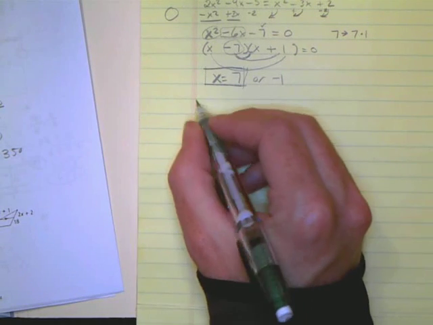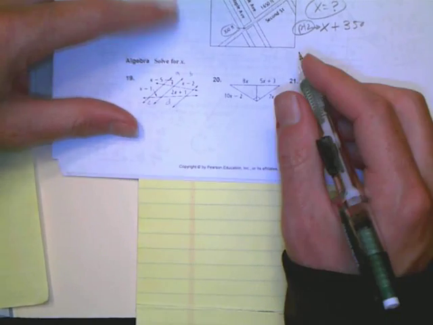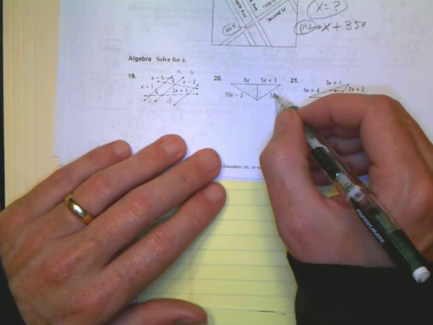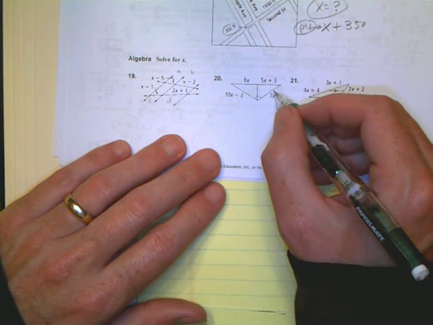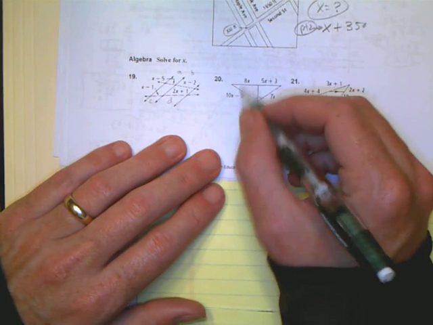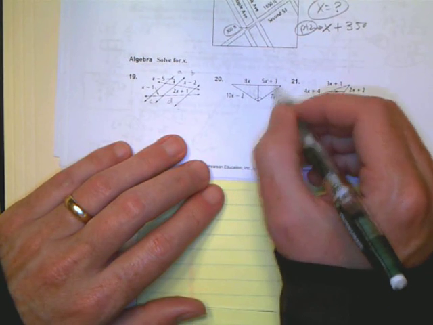With number 20, we're going to be using the Theorem 34 angle bisector, triangle angle bisector theorem. We could do either we want: this over that equals that over that. However you want to set it up, we can have the base and the base over the side and the side.